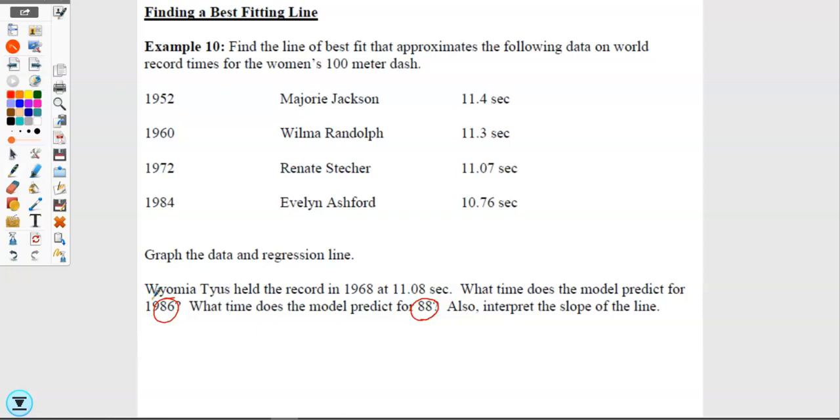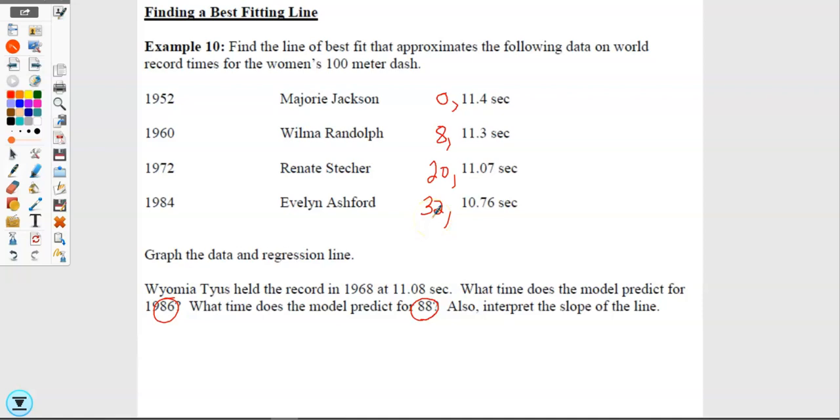So it gives us a whole bunch of points here. At 1952, the record was 11.4 seconds, and 1960 was 11.3, 1972, 11.07, and 1984 it was 10.76. So I'm going to call this year 0 here. So this point is going to be 0, 11.4, which means that this point is going to be 8, 11.3, which means that this one will be 20, 11.07, and this one will be 32, 10.76.